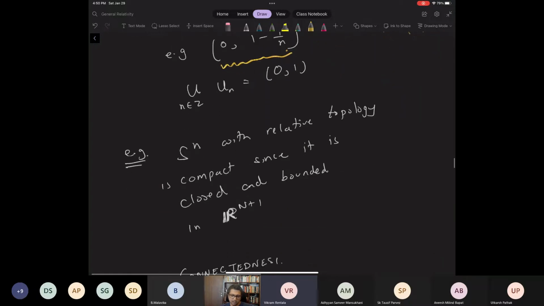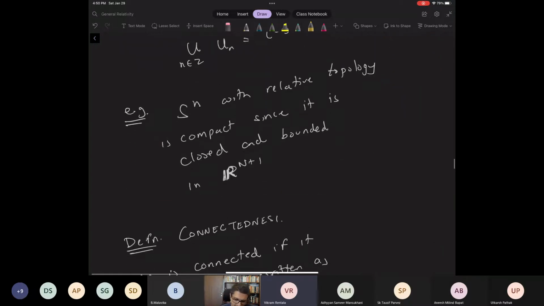And finally, through this example, if you take R^(n+1), in n+1 dimensions, and you take a sphere embedded in that n+1 dimensional space, so this is an n-sphere. This n-sphere inherits a topology from R^(n+1).